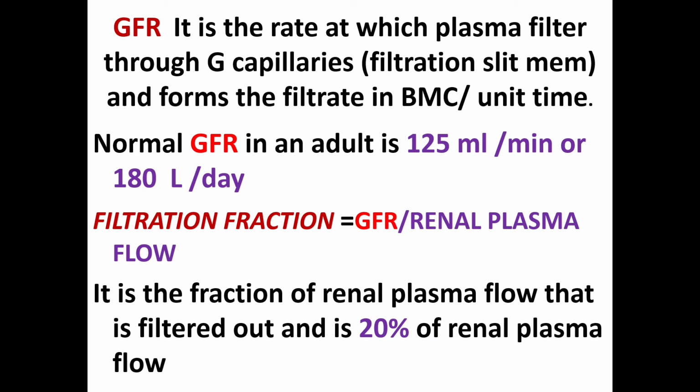That means 20 ml is filtered, and 80 ml is not filtered and moves onward through the efferent arteriole. So the filtration fraction is mathematically GFR divided by the renal plasma flow. It is the fraction of renal plasma flow that is filtered out, and it is 20% of the renal plasma flow. That is the filtered fraction.